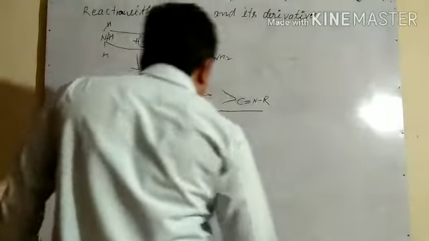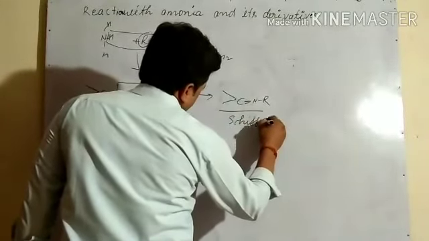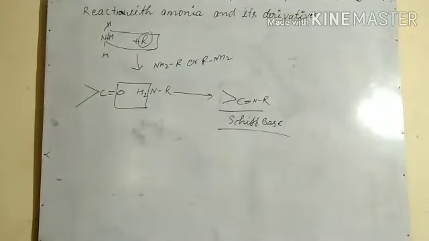What is Schiff base? This reaction is also important, when aldehyde and ketone react with amine, not with ammonia. And how is amine obtained? When one hydrogen of ammonia is replaced by alkyl, amine is obtained. So when it reacts with aldehyde and ketones, Schiff base is formed.